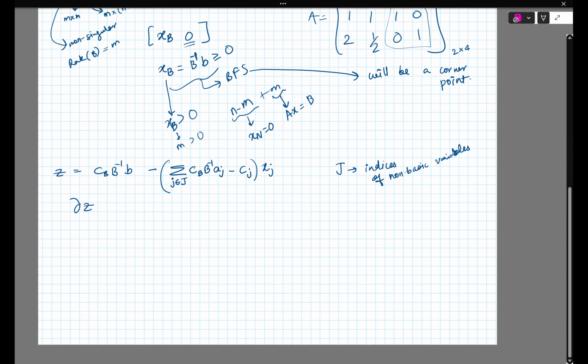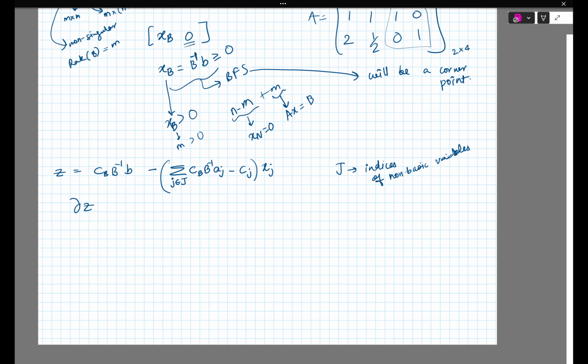So which variable should come to the basic and which variable should go to the non-basic? To decide that, you look at the derivative of this with respect to one of the non-basic variables. Remember, J is the indices of non-basic variables. So if you do that, what you basically get is this thing, because it's the derivative with respect to xj.